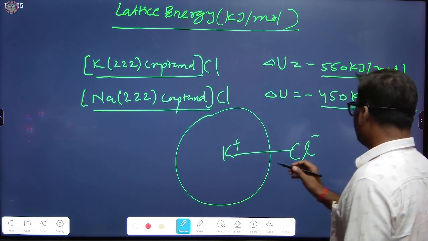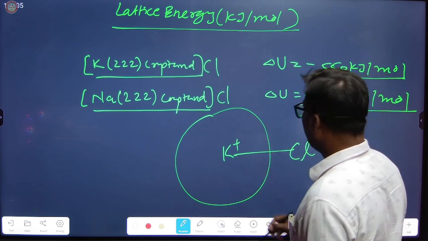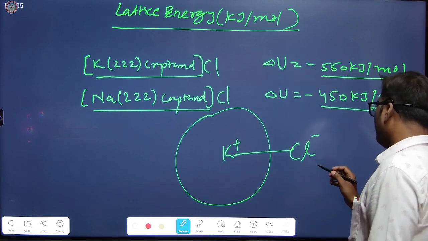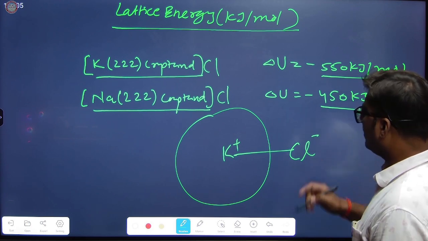The distance between this cryptand complex and the outer anion, that is the chloride ion, is very large.